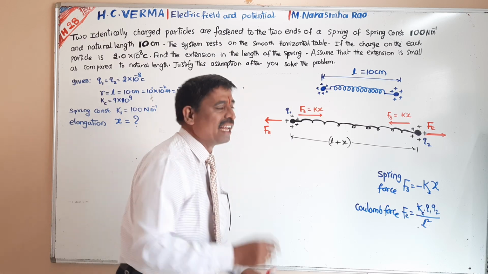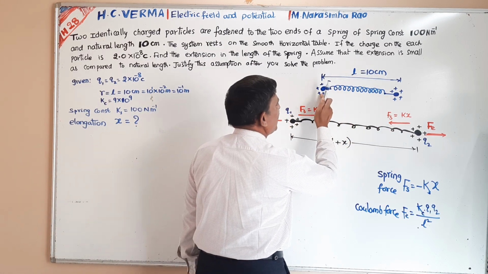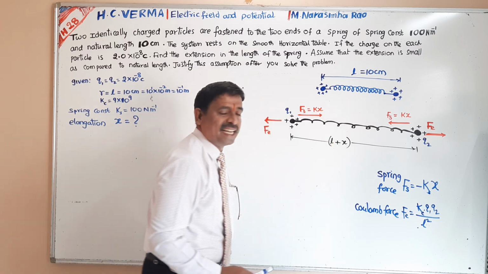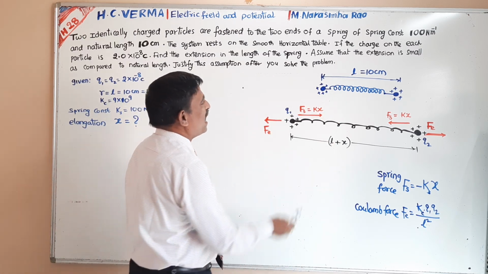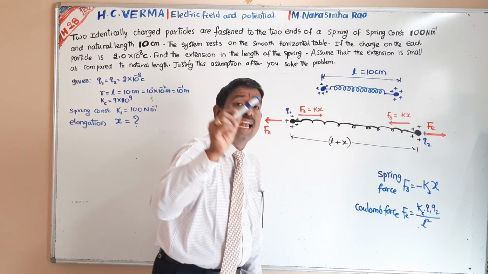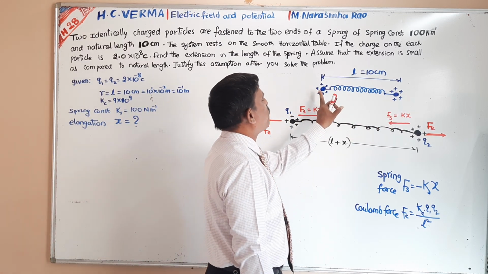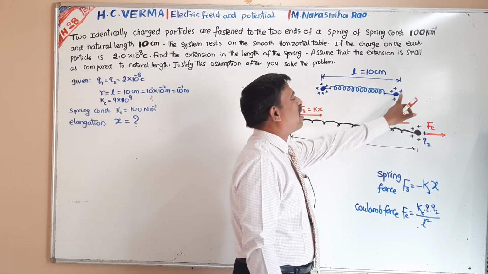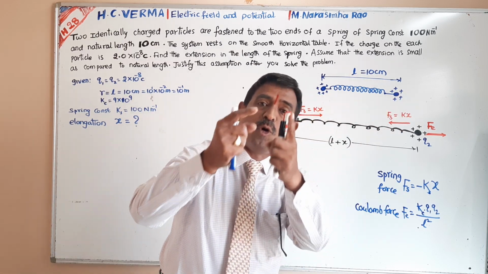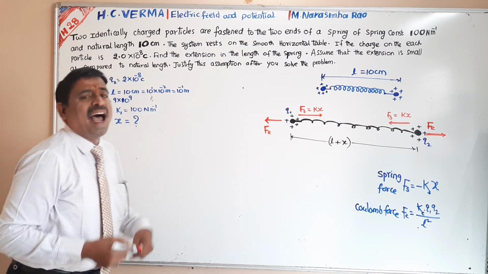According to the given information, there is a spring. Its natural length is 10 centimeter. There are two particles which are identically charged. Its meaning is the charge on the first particle and the charge on the second particle are both equal, Q1 is equal to Q2.